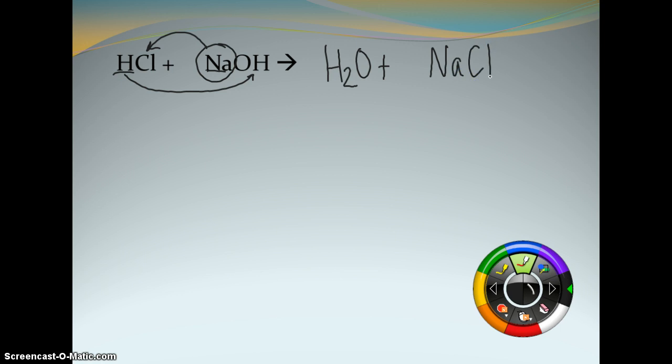And you need to check to see if it is balanced. So 1, 2 hydrogen, 2 hydrogen, 1 chlorine, 1 chlorine, 1 sodium, 1 sodium, 1 oxygen, 1 oxygen. So it is balanced.